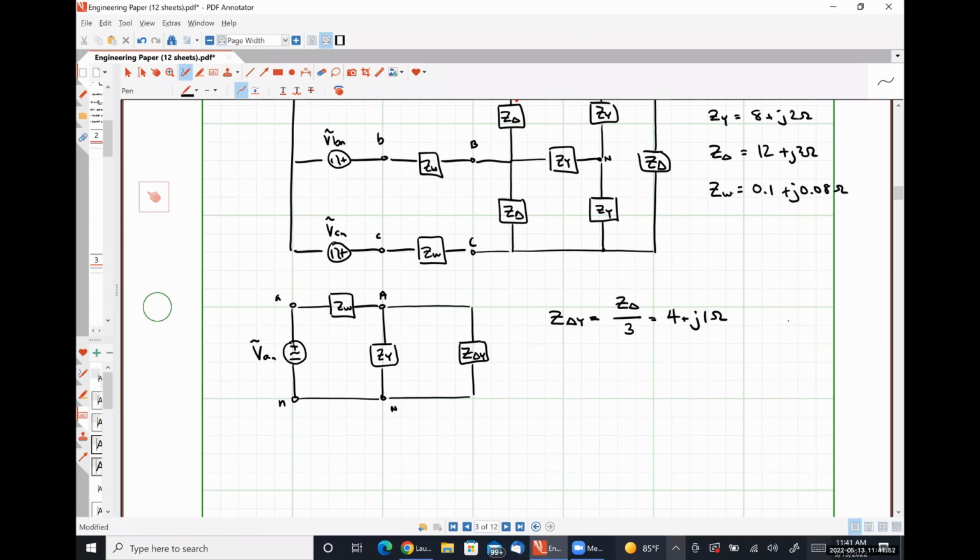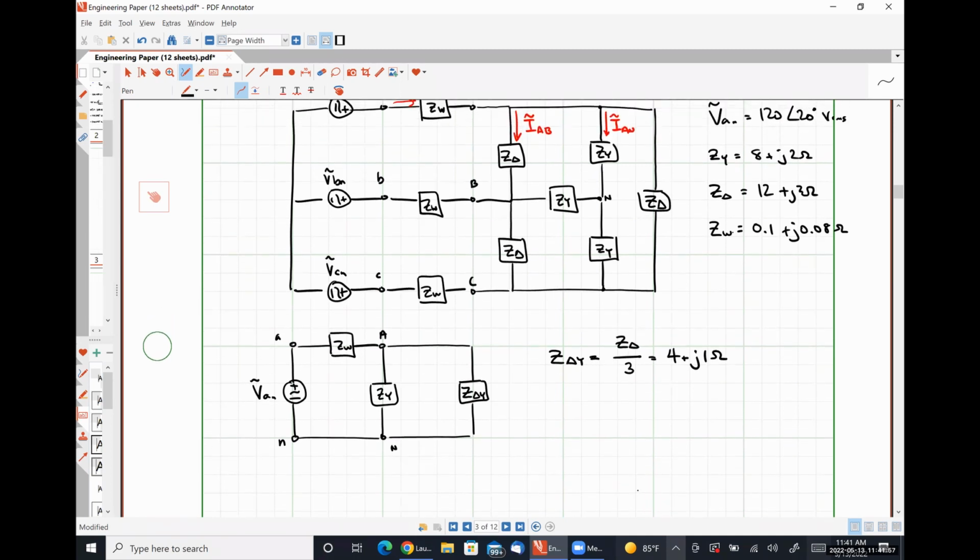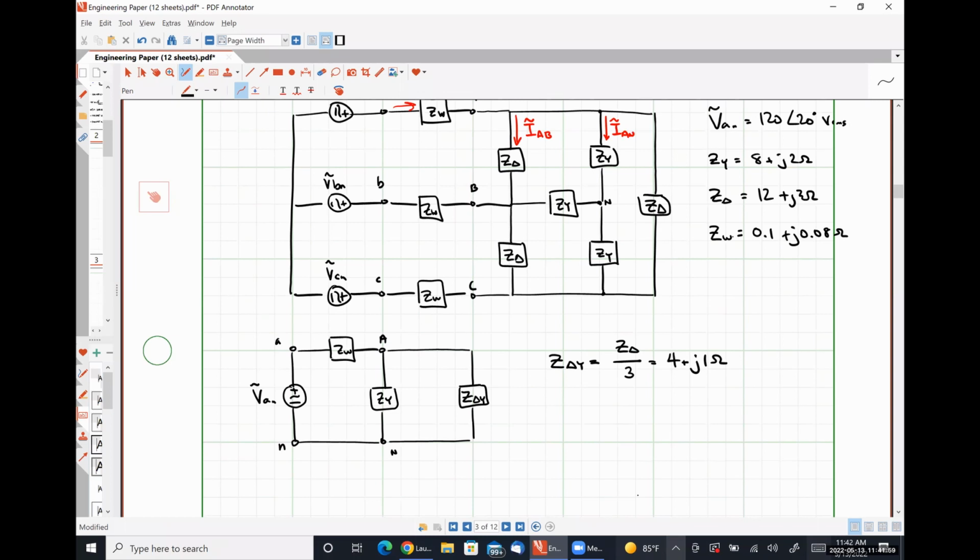All right, so let's identify which of our quantities of interest are actually going to show up on our single phase equivalent circuit. All right. So our line current IAA is definitely going to be here.